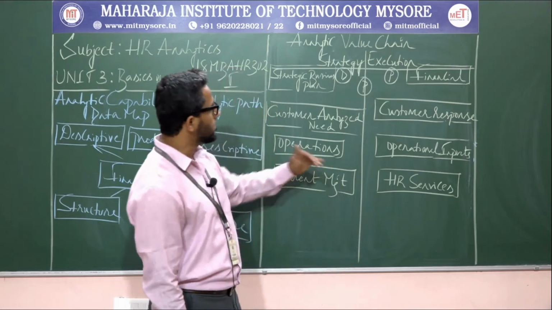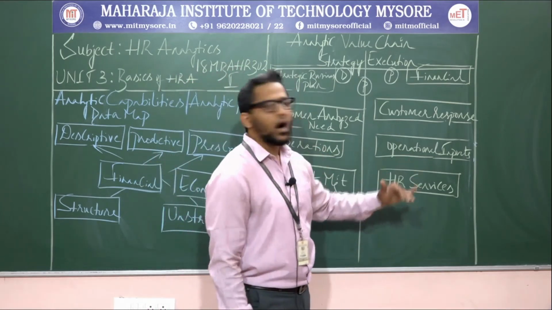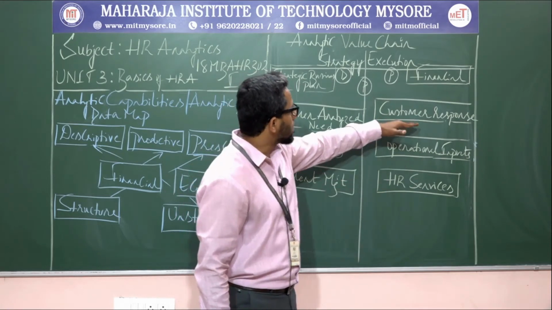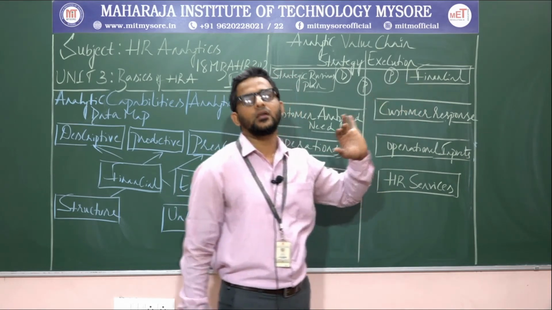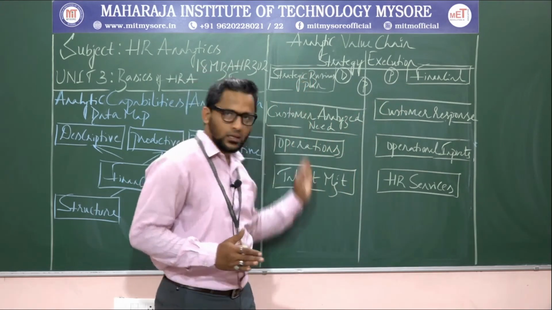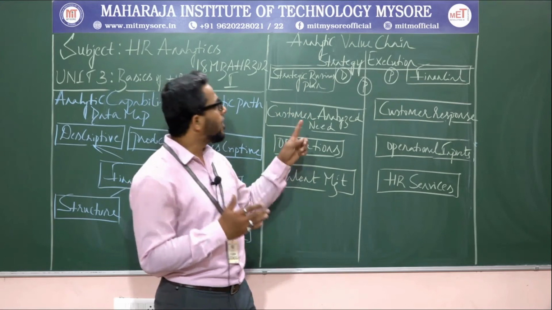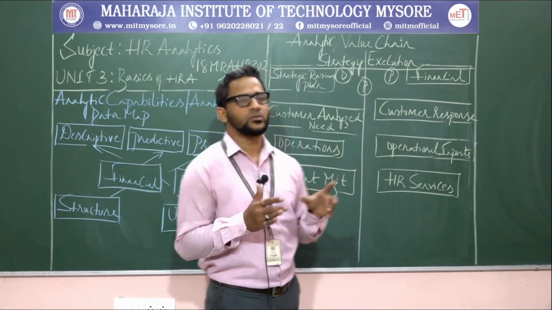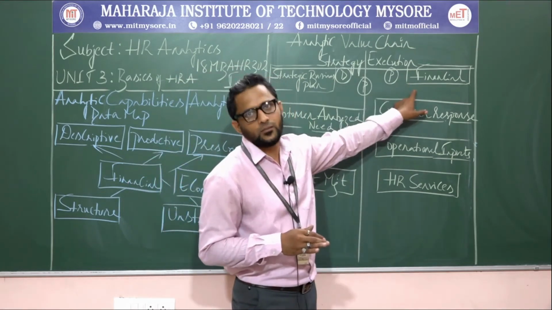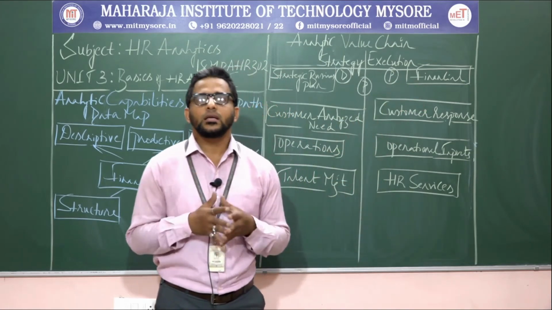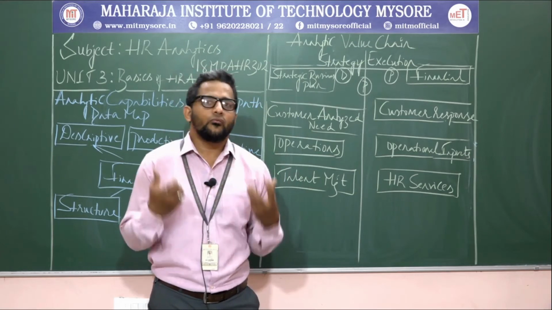Now coming to the prescriptive, slowly it goes to your HR services, operational inputs, customer response, and then finally you see the value, how it is a chain link. Everything has a link here, and finally we measure in terms of financial aspects, the value it is fetching.